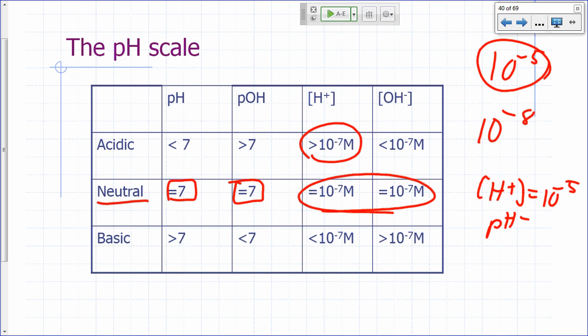Then pH is negative log of that. So pH less than 7, your solution is acidic. pH greater than 7, your solution is basic. You have more hydroxide, less H plus. So pH is lower in an acidic solution.